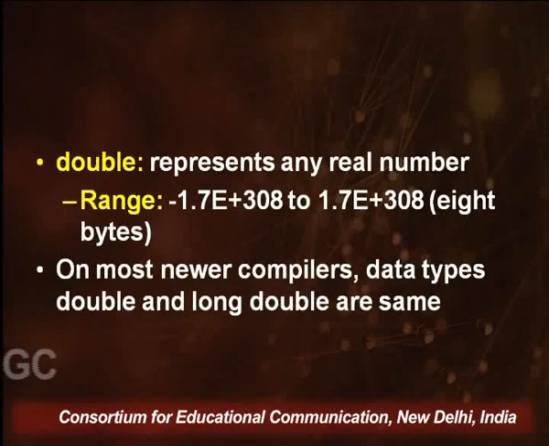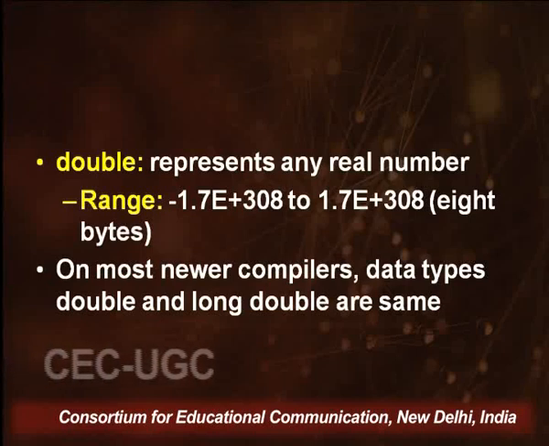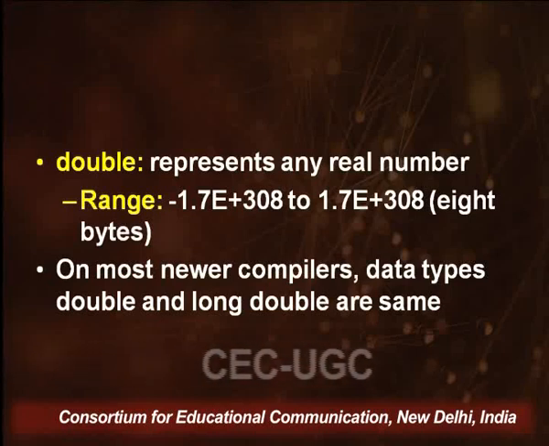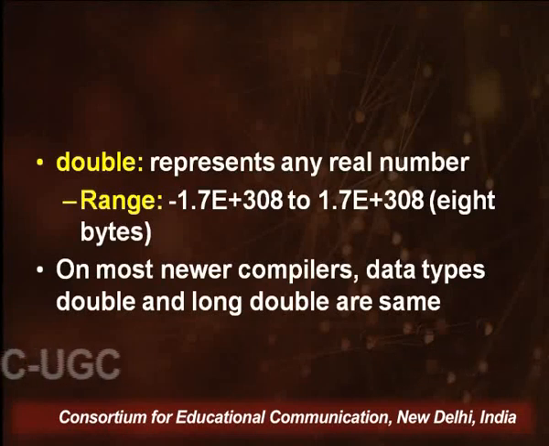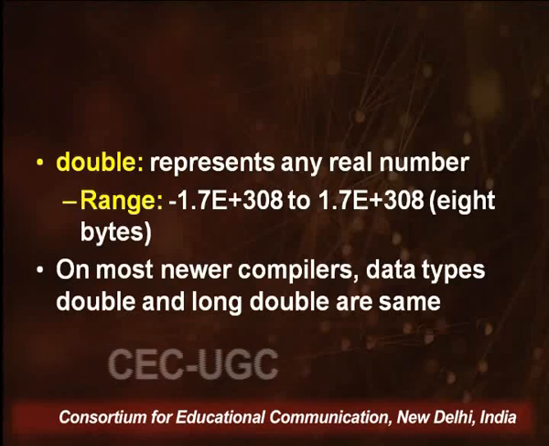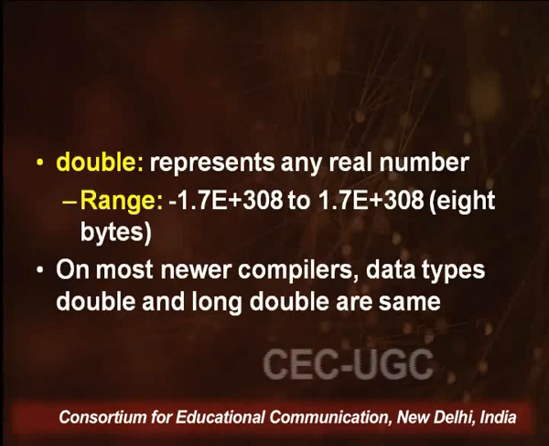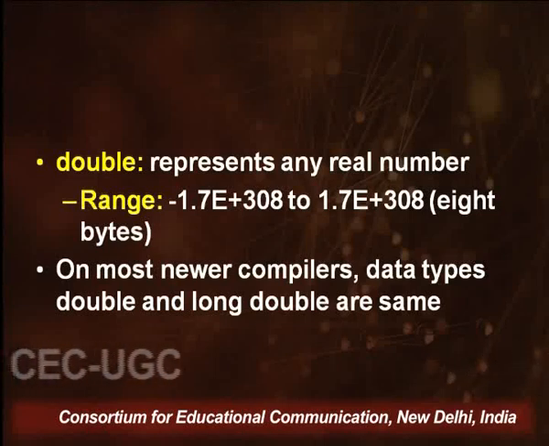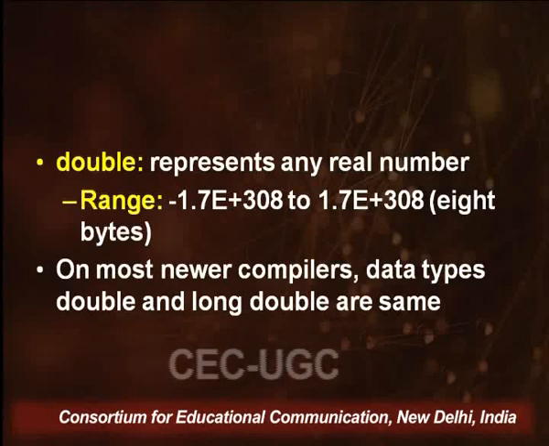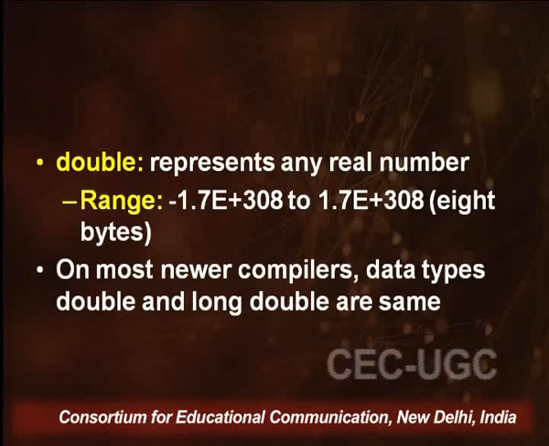Then for higher or bigger values than the range of float, we have double. Double also represents any real number, with a range from minus 1.7 e to the power 308 to 1.7 e to the power 308. It's a huge range, and it is going to take 8 bytes.